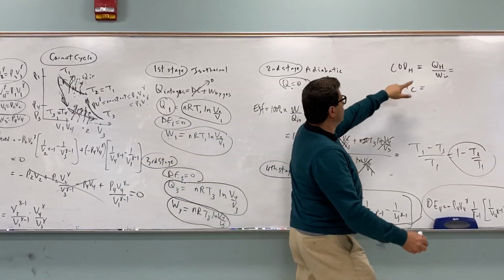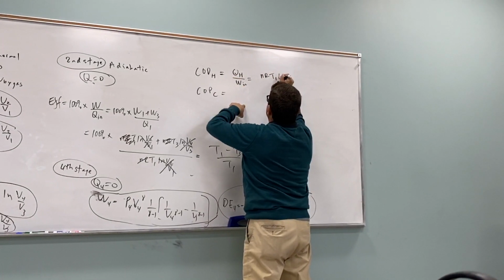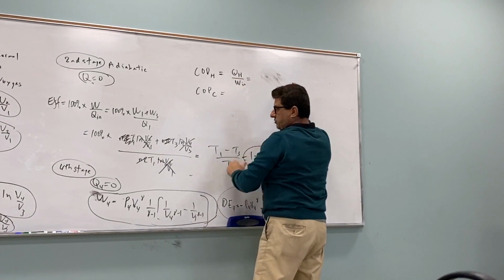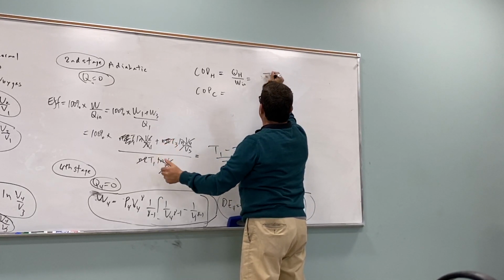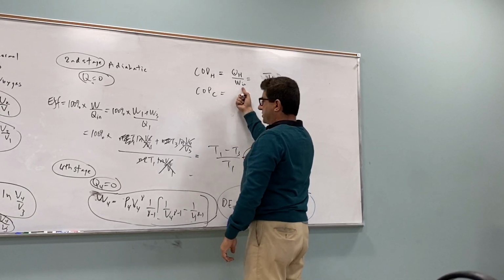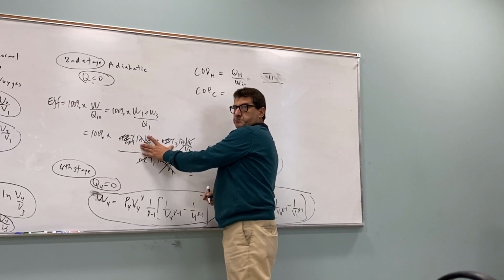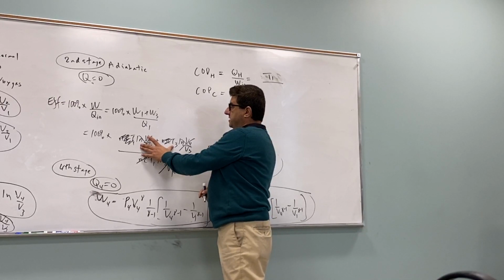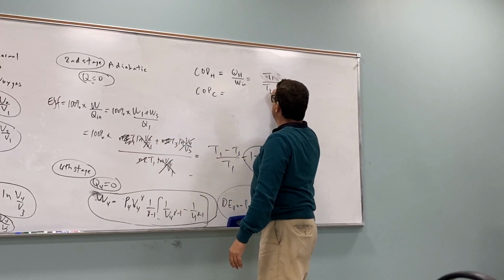So this goes to the numerator. You know what, we don't need all this nRT1 because we already know the ln's cancel, so this just goes to the numerator. And then the work in is going to be what? This one right here. Except instead of T1 minus T3, it's going to be opposite. T3 minus T1.